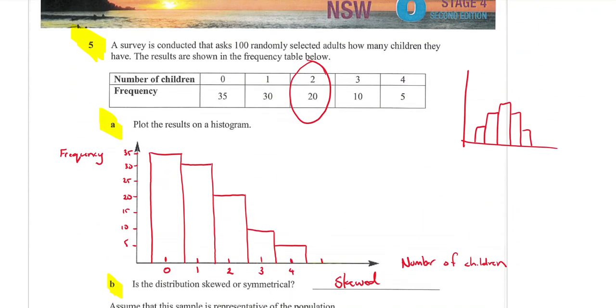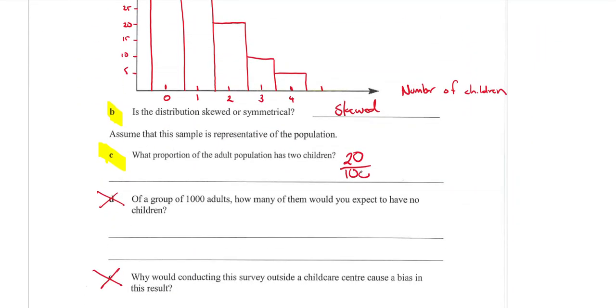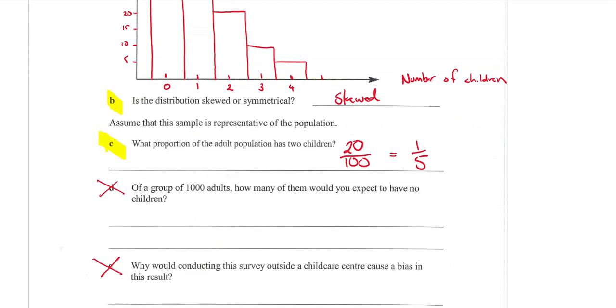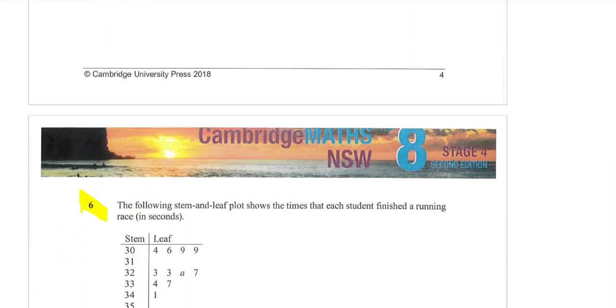The total number of families, which is adding all those together. Would you say it makes 100? 100. So 20 over 100, which is 1 in 5, if you simplify the fraction down. Okay, I've crossed off the next couple because you don't need to know those ones.